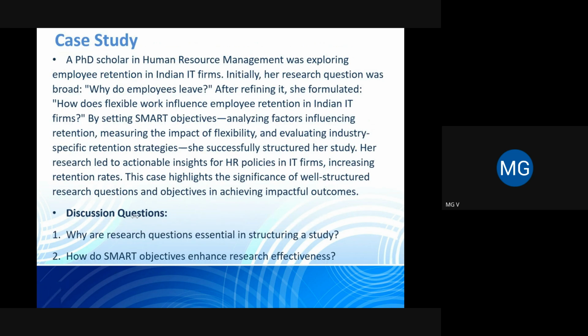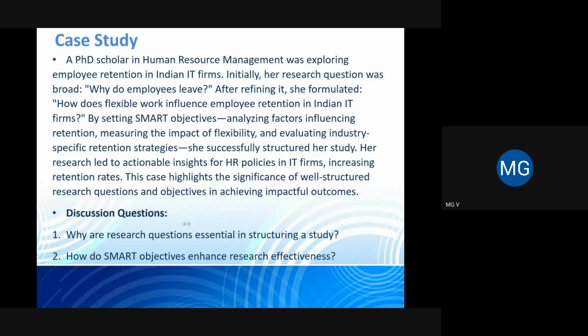So let us go through the caselet. A scholar in human resource management was exploring employee retention in Indian IT firms. Initially, her research question was broad: why do employees leave? After refining it, she formulated: how does flexible work influence employee retention in Indian IT firms?